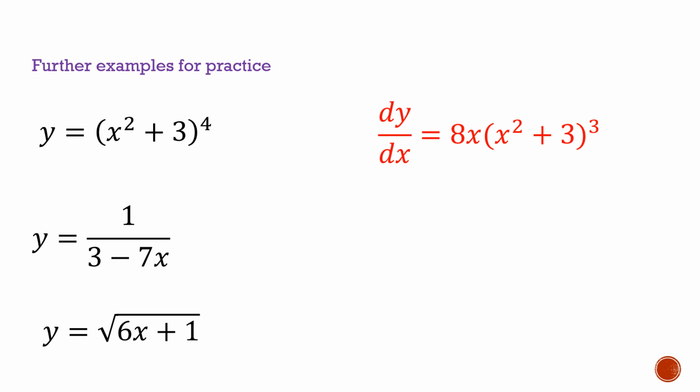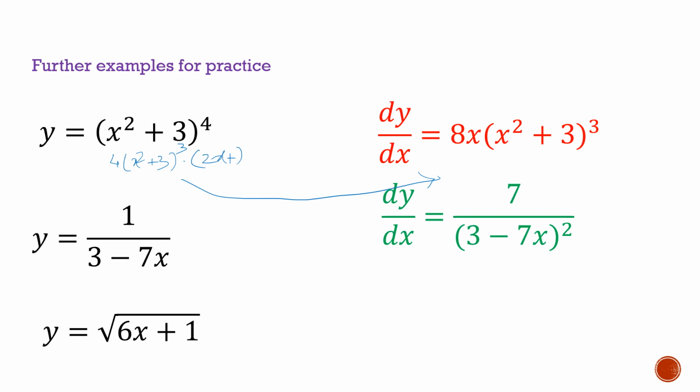First, the derivative of the outside function keeping the inside unchanged, we will get 4 times (x squared plus 3) raised to the power 3, times the derivative of the inside. The derivative of x squared is 2x, plus the derivative of 3 is 0. So we will just get 2x here. So 2x times 4 is 8x, and then I have got (x squared plus 3) raised to the power 3. So this is how we got this answer.